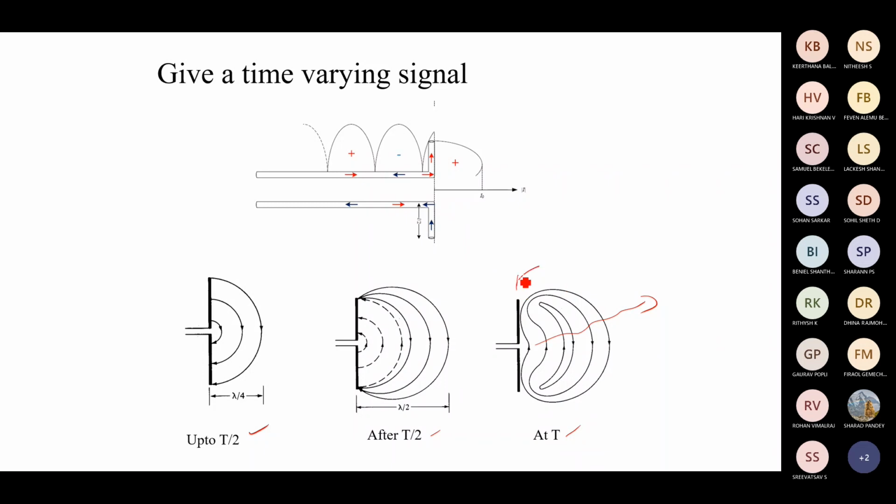This is one of the very famous antennas, called a dipole antenna. We have taken two wires perpendicular to each other. Whenever a time varying signal goes in, one will be positive and the other will be negative. The positive signal has current like this, and the negative also has current like this.